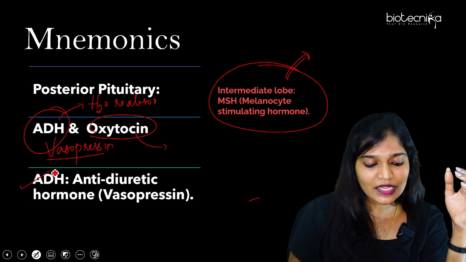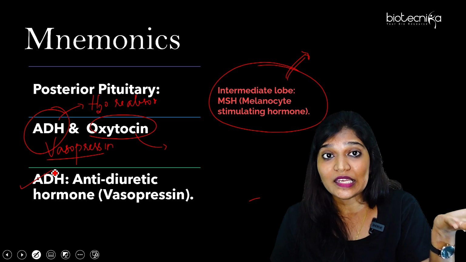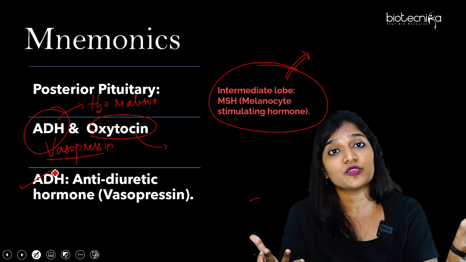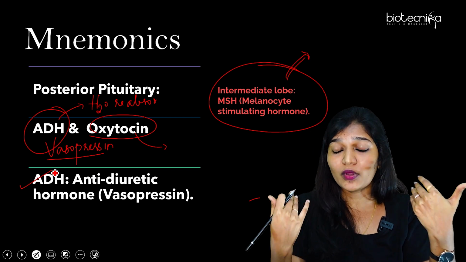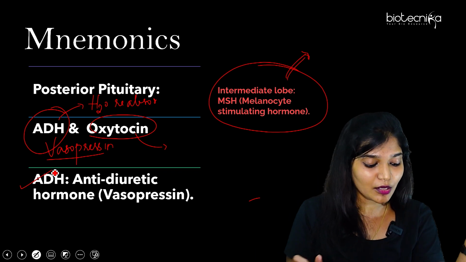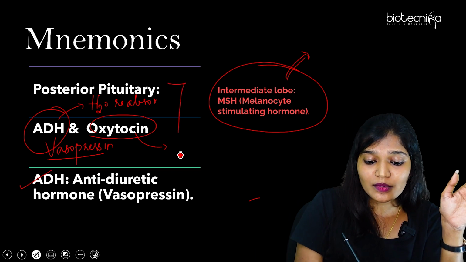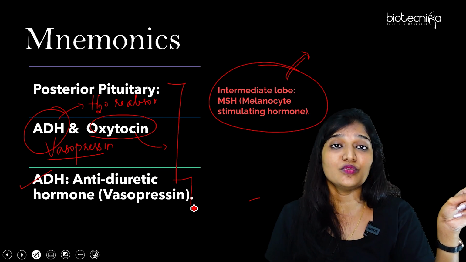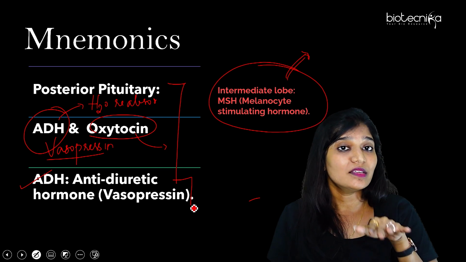Yes. So it is antidiuretic hormone. If a person is going to have very less amount of ADH, then it causes diuresis, where water reabsorption is not going to be happening. So instead, lot of water will go through the urine. This has a very important correlation. This does not come through the hypophyseal portal system. So you have to remember anterior part is connected to the hypophyseal portal system, but this is not connected to the portal system.